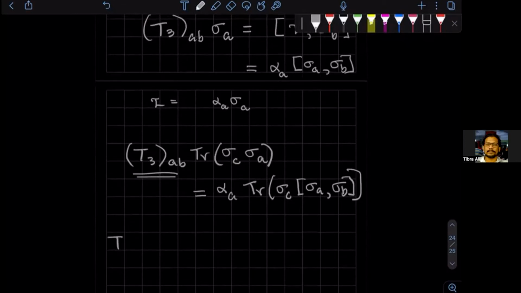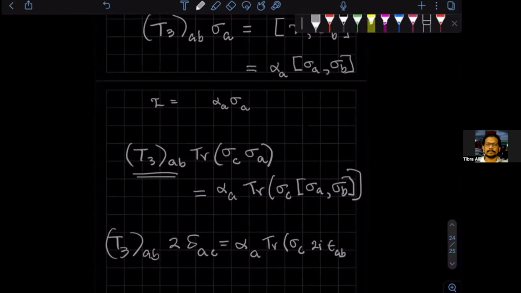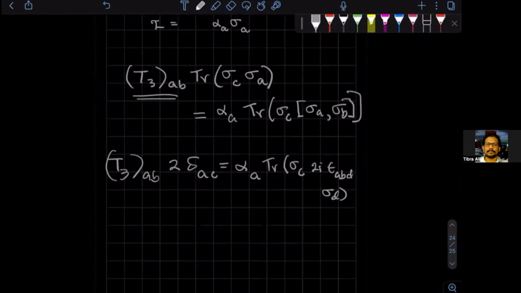So here we have 2 times delta AC. On the right-hand side, I have alpha A, trace of sigma C, and now I will have 2i epsilon ABD, sigma D. So here on the left side, I get 2 T3 CB.